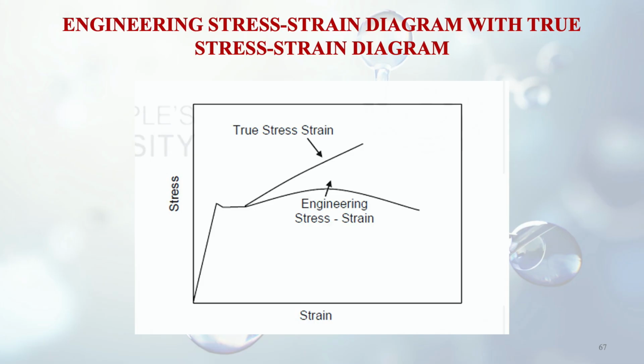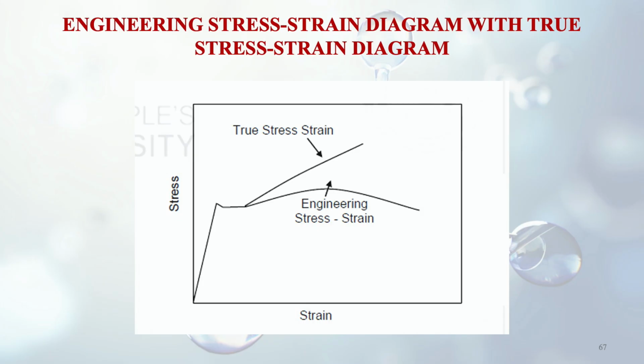So here is the diagram. You can see, if we take the true stress strain diagram, it will look like this one. Earlier we saw that after coming to the stage of ultimate stress, the stress goes down, but that is not the reality, because in that case we were taking the original area of cross section, so the stress was going down.